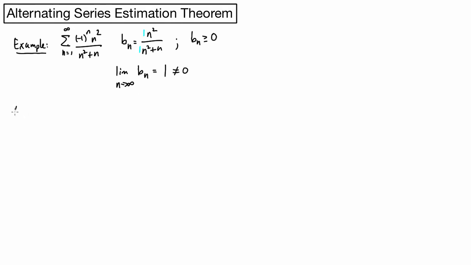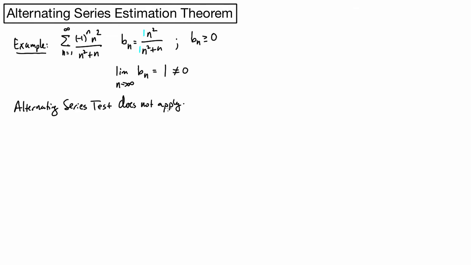So the alternating series test does not apply. I can't use the alternating series test to determine whether this alternating series converges or diverges, because the terms don't go to 0.